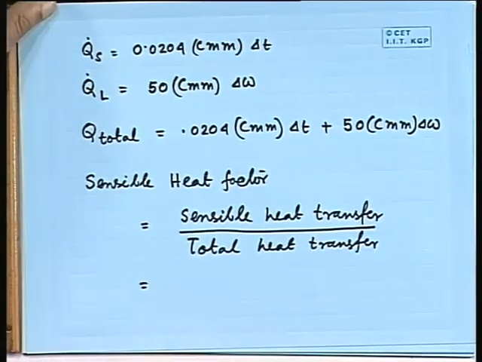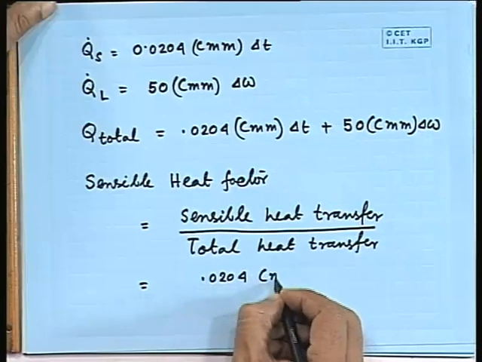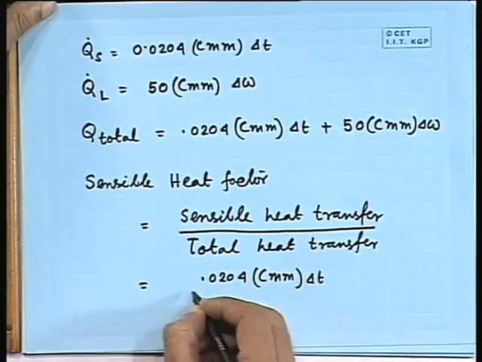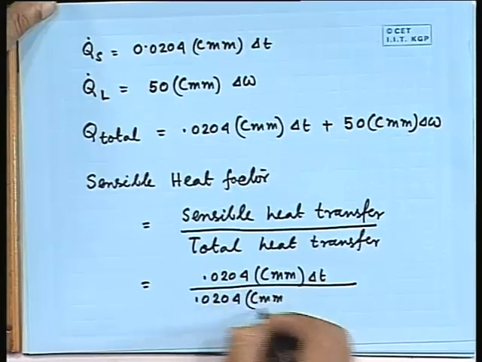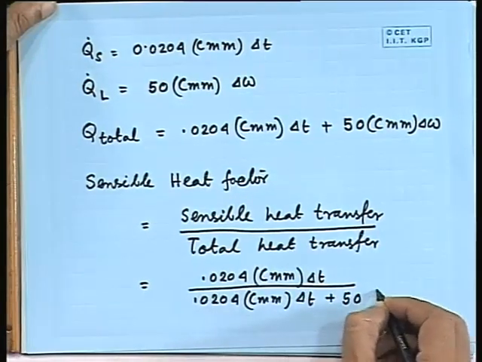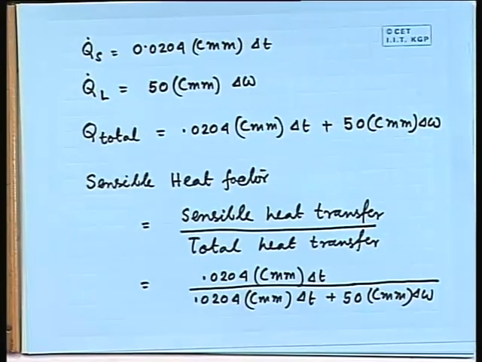So, basically we will have 0.0204 CMM delta T divided by 0.0204 CMM delta T plus 50 CMM delta W. So, this is your sensible heat transfer divided by total heat transfer, and obviously you can see CMM can be cancelled, dropped from both numerator and denominator, and of course one can divide it by 0.0204 and get some sort of a simplified number, all right.